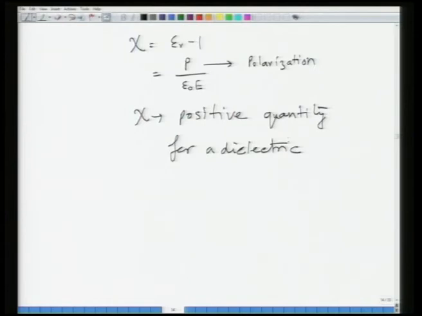In a nutshell, the job of a dielectric is to increase the charge storage capacity of a parallel plate capacitor. That is because it is characterized by a quantity called relative permittivity, which is always greater than 1, and this is because of polarization within the dielectric material, which leads to this increase in charge storage capacity.